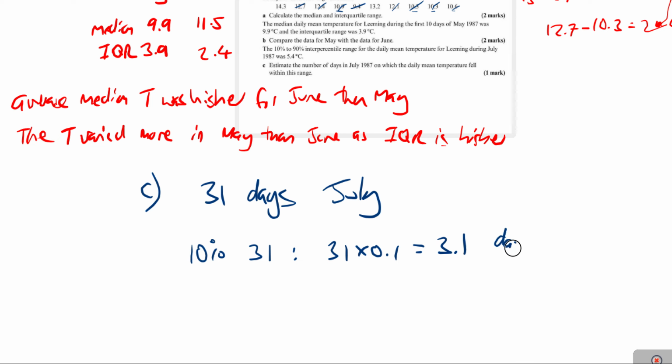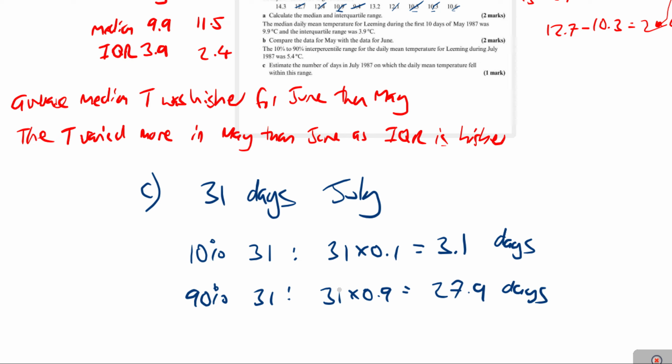So the 10% frequency is at 3.1, and the 90% is 31 times 0.9, which is 27.9 days. So essentially we've got the days at 10%, 3.1, and 90%, 27.9.